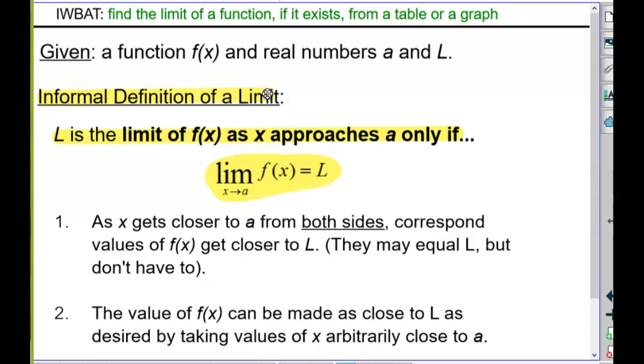It says L is the limit of f of x as x approaches a if and only if, and this is just our notation. So what we're going to do is we're going to dissect the notation. It's probably going to make no sense to you right now, but we'll get there soon.